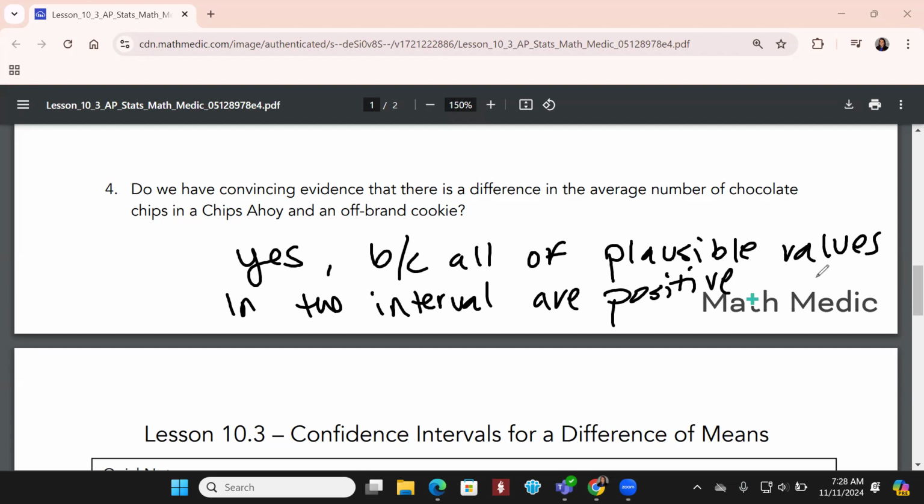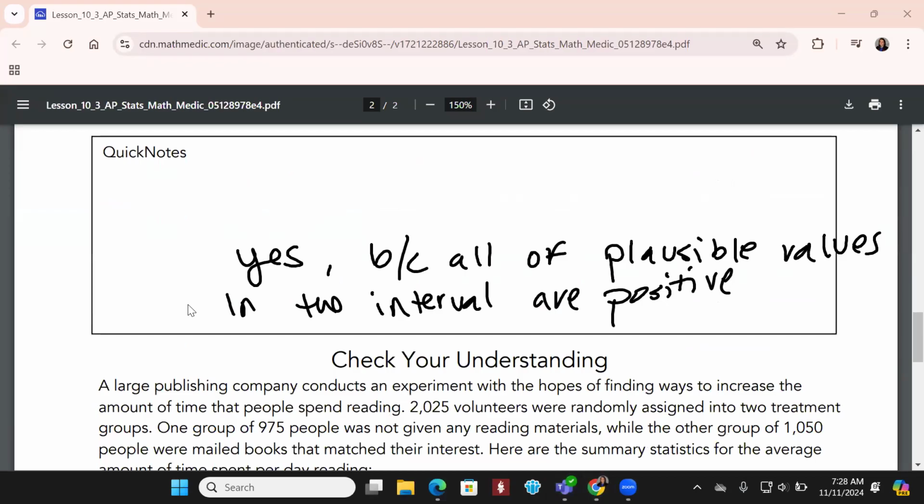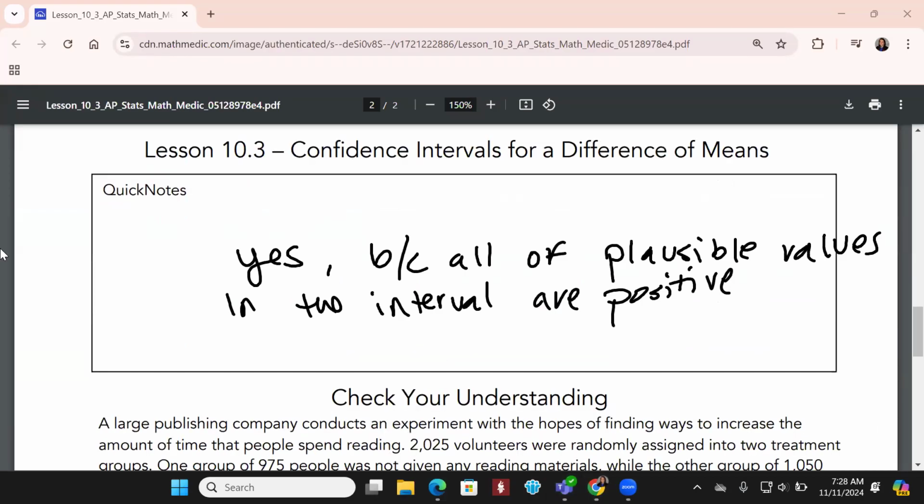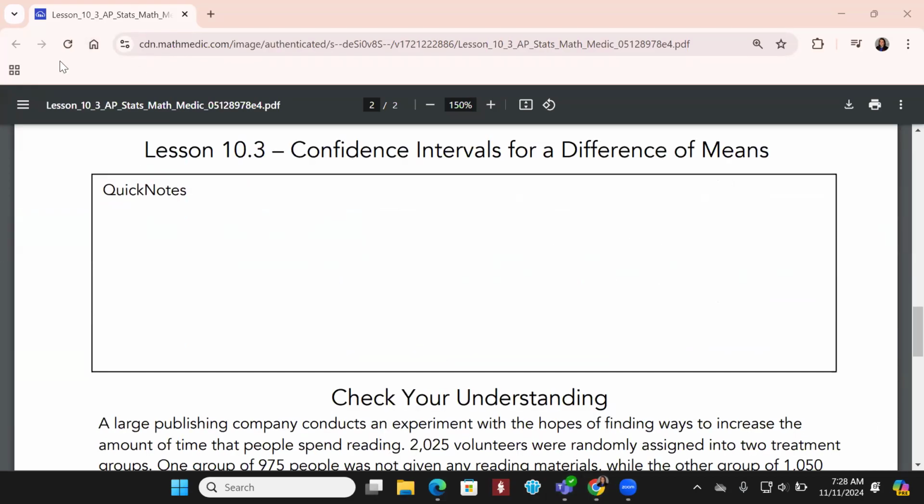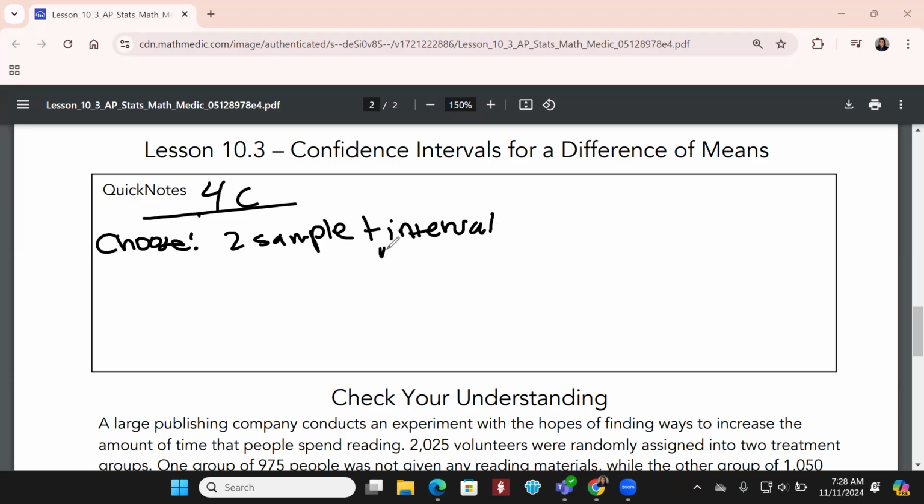We had the choose, check, calculate, and conclude. So we had the 4 C's. Shocker. So we're going to choose, which is a 2-sample t-interval for mu1 minus mu2.